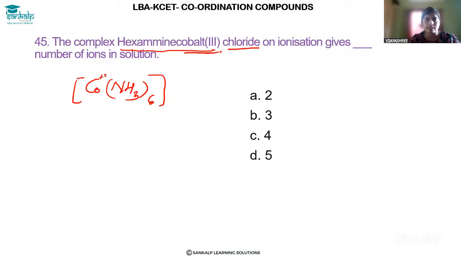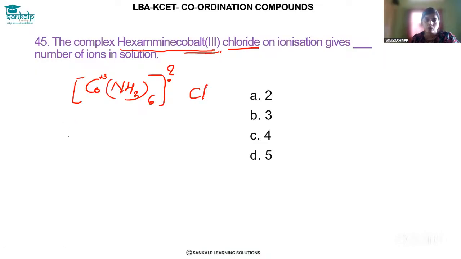Cobalt plus 3, so first let us see how many chlorides are needed. Here I will write chloride. The oxidation state of cobalt is plus 3. We have to calculate the charge on the complex, then we can give the number of chloride anions.